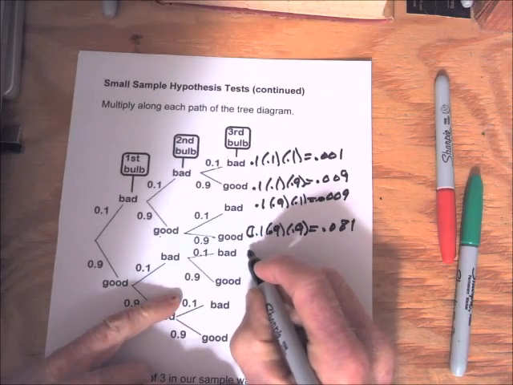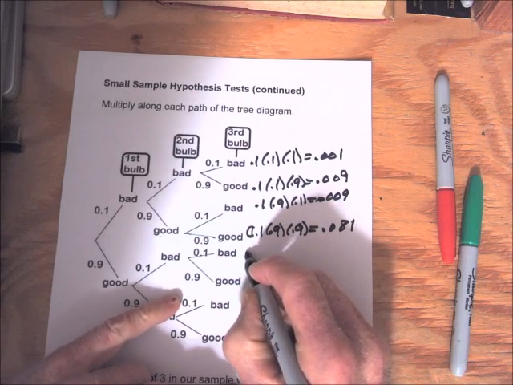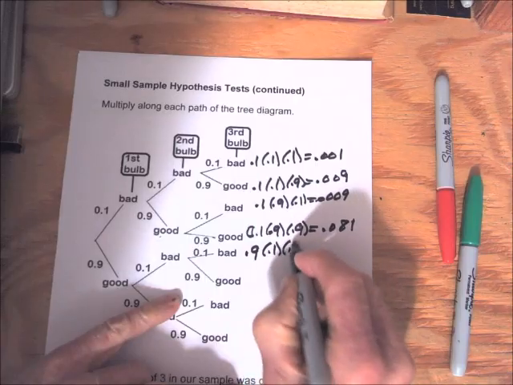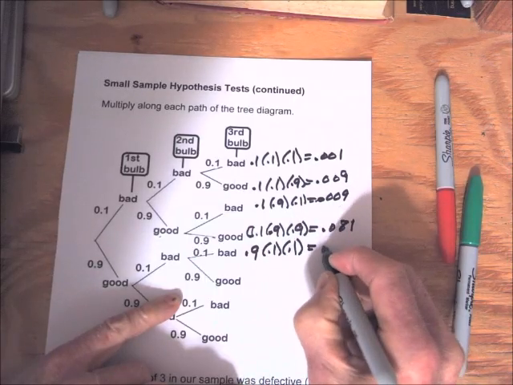Good followed by 2 bads, 0.9 times 0.1 times 0.1, 0.081.